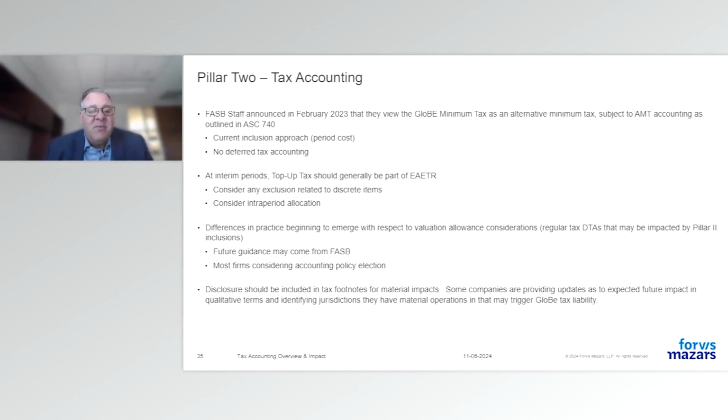It doesn't necessarily have to be quantified, but should be in some type of qualitative terms. And typically we'll see which jurisdictions a taxpayer or a company operates in that may have an impact that is material. So those are the key elements from a standpoint of what we have been seeing or would expect to see in disclosure.